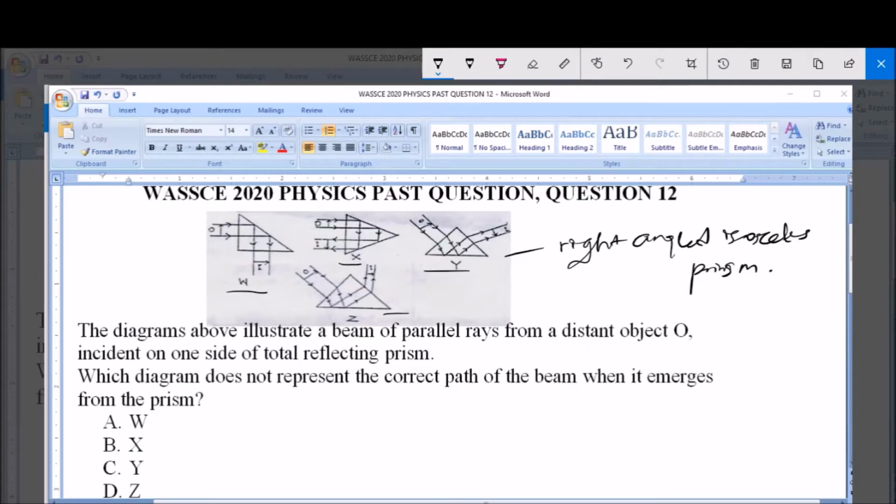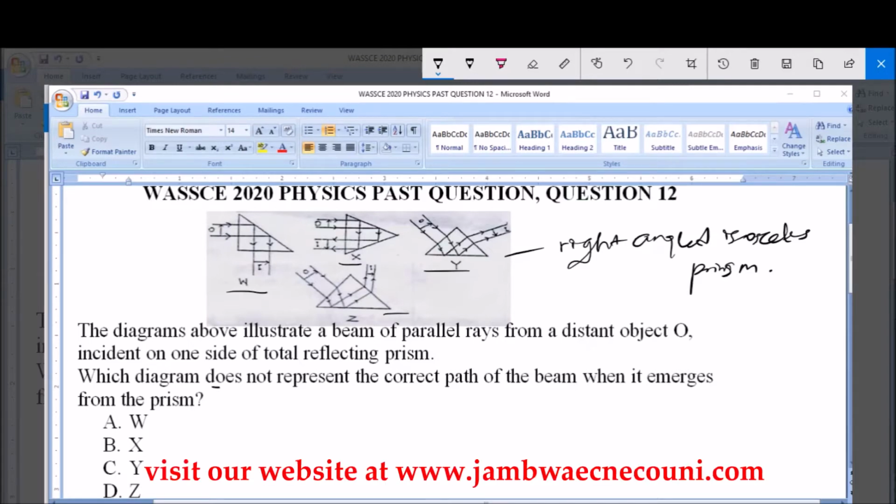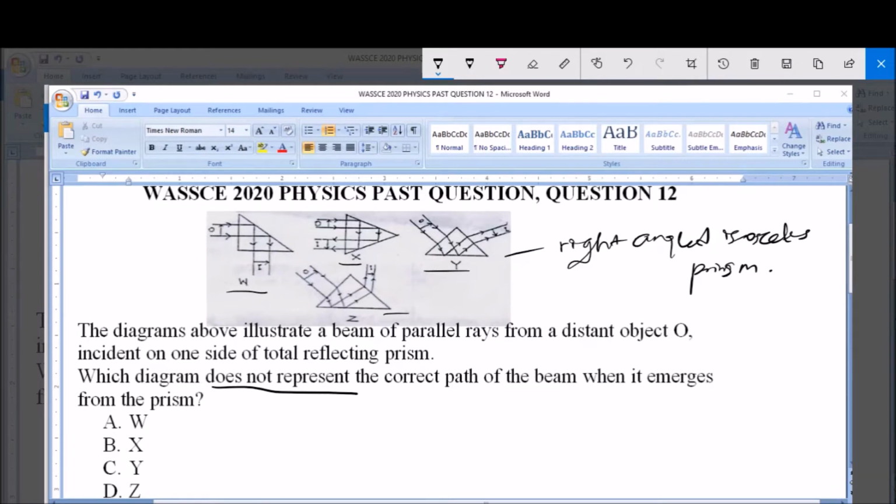Now the question says which diagram does not represent the correct part of the beam when it emerges from the prism. Reflection simply means the throwing off or bouncing back of light. Let's say for instance you have a reflecting surface like this. Once a light ray hits this surface, it bounces back, and that is reflection.